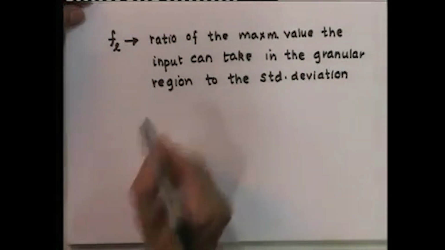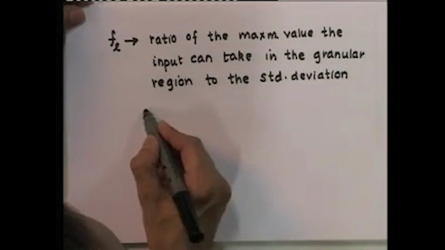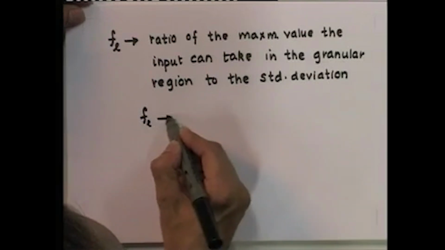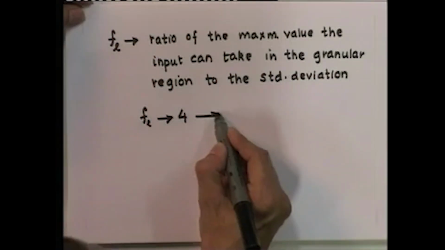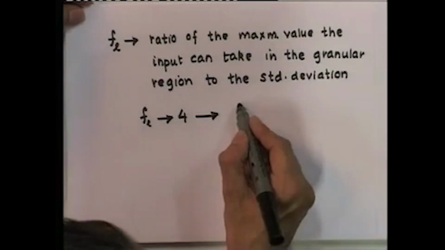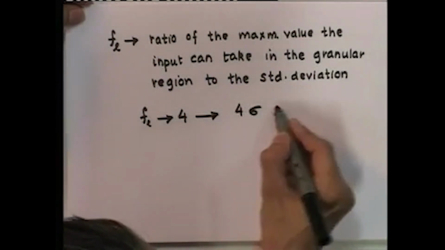And a common value of the loading factor is 4, and this is also referred to as 4 sigma loading.